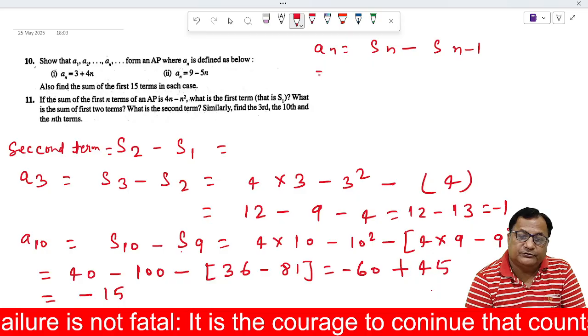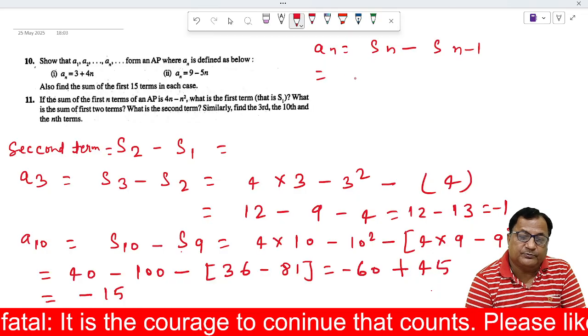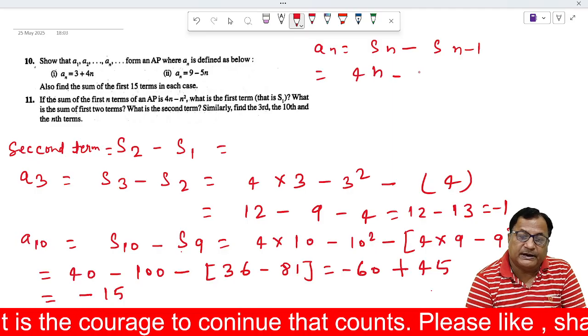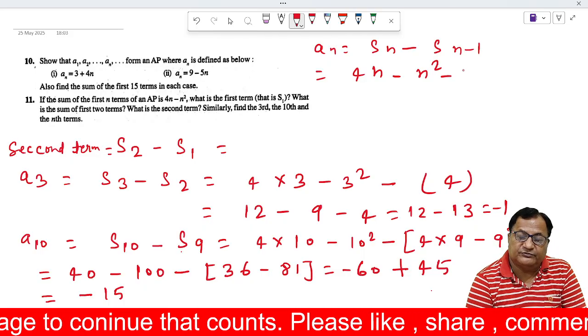Beware of that. So S_n is given: 4n minus n square, minus S_(n minus 1).